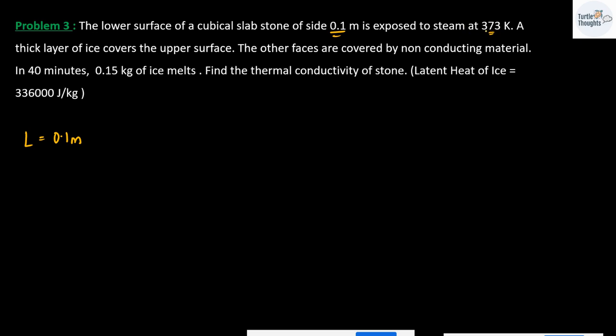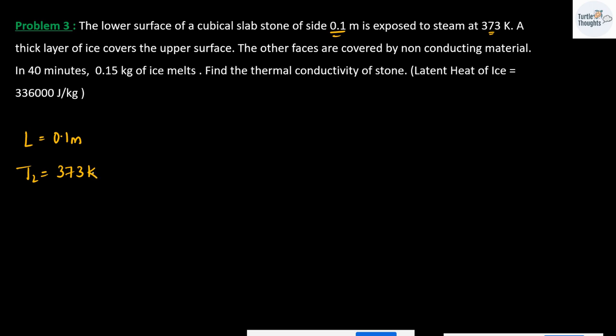It is 373. If steam is at 373 and the other is ice, this is going to be the higher temperature, right? So T2 is going to be 373 Kelvin.